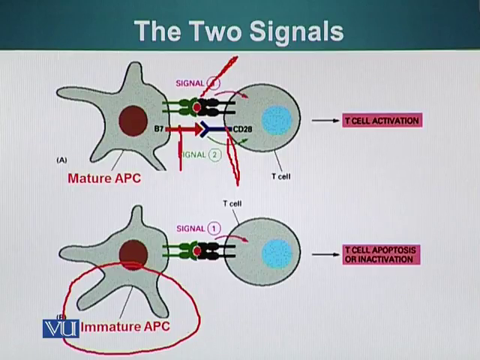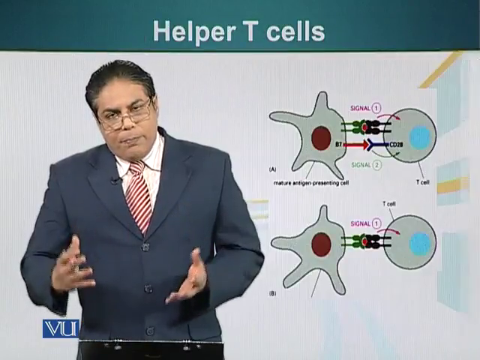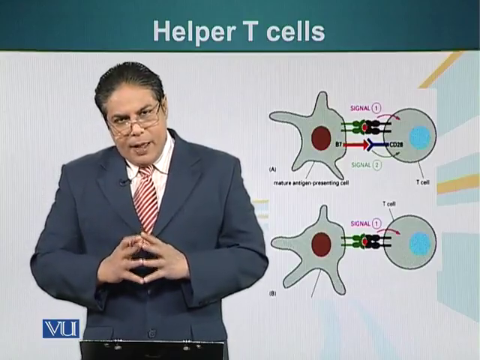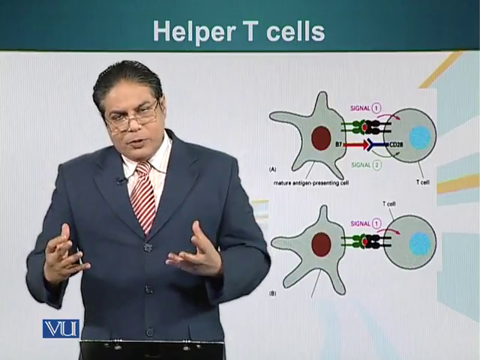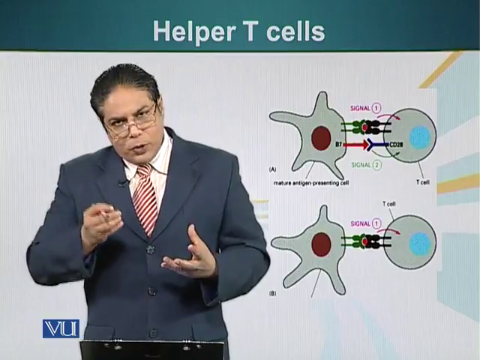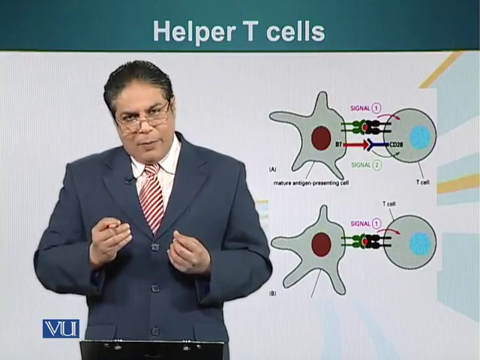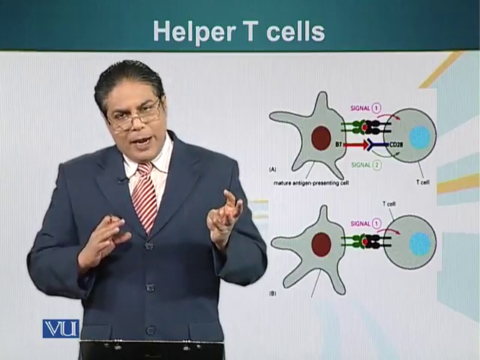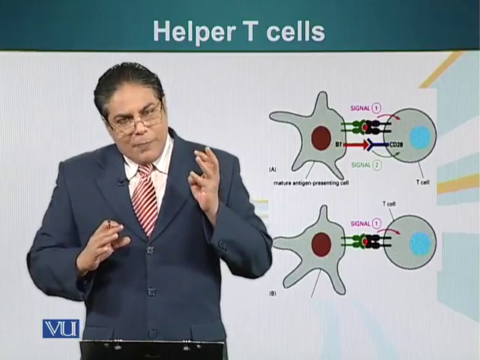So this implies that T cells reacting to self-antigens are destroyed because these APCs were not making the B7 molecule. So we have talked about how helper T cells are activated, and it is the innate immune system and also the nature of the peptide fragment that determine whether helper T cell type 1 or helper T cell type 2 will be made.